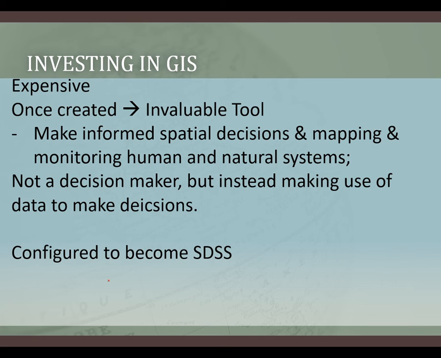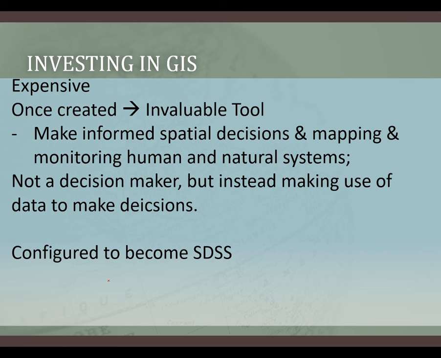When we want to invest in GIS, let's say we want to create a GIS, it's not easy. Developing a GIS business might cost some money at the beginning, especially the programming and training people, but once it's done, it's a very invaluable tool. It can help you make informed spatial decisions and mapping.